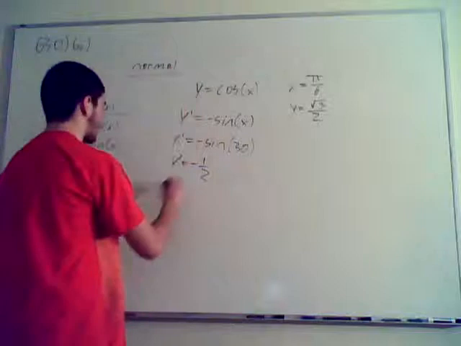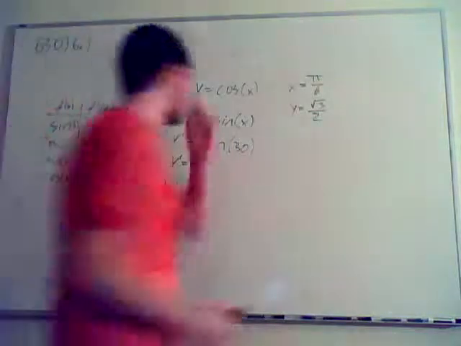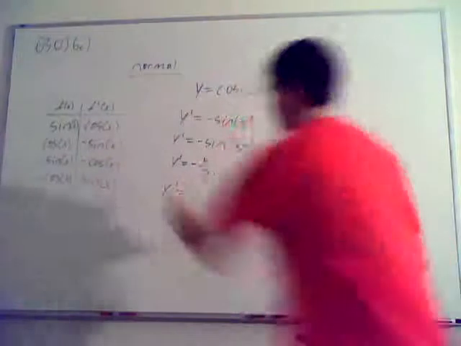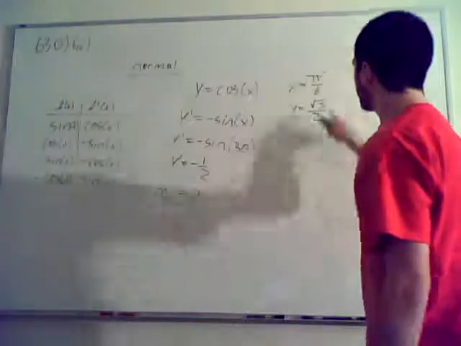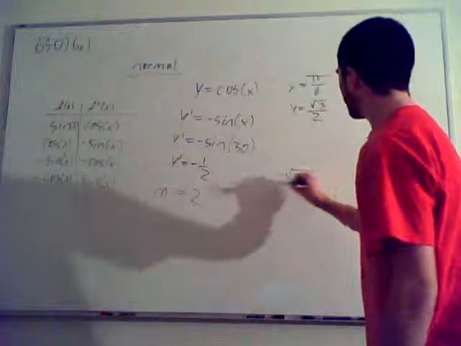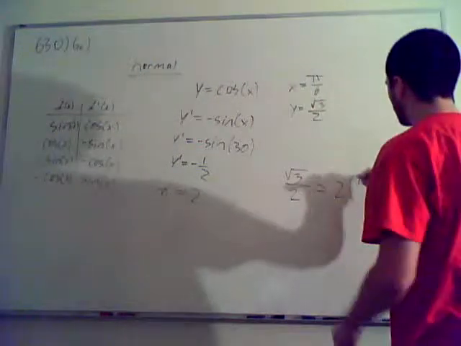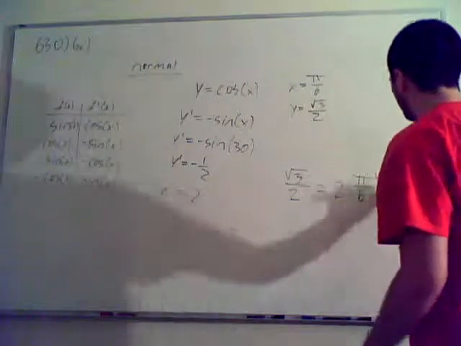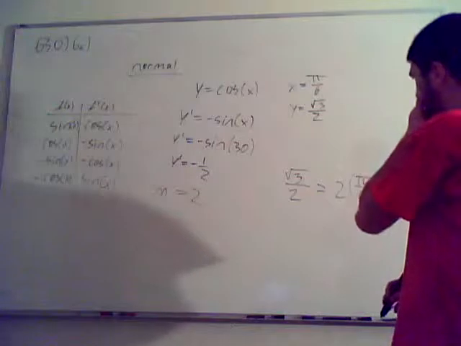It's a normal, so you take the opposite reciprocal: y prime is equal to 2. So that means m is equal to that. So say square root of 3 over 2 equals 2 times pi over 6 plus b.